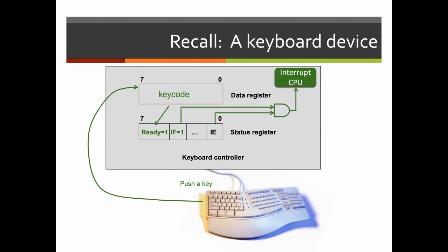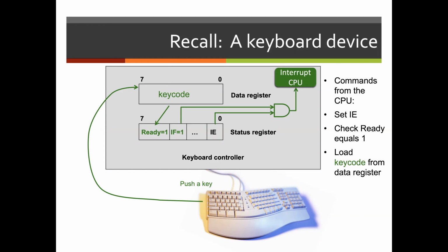And so with this in consideration, if the interrupt occurs, this process will have specific commands that will execute. We'll need to set the interrupt enabled. We'll check the ready bit to see if it equals 1. And then we'll need to load the key code from the data register.